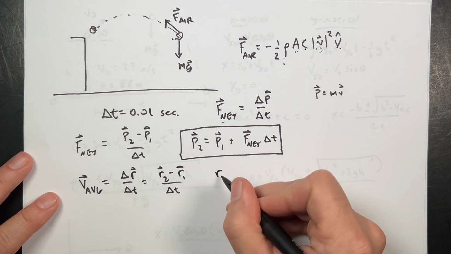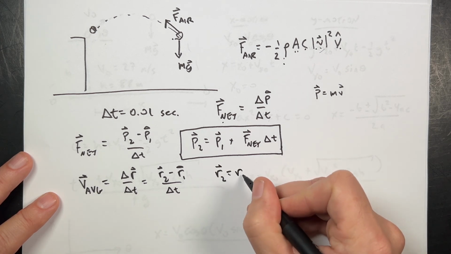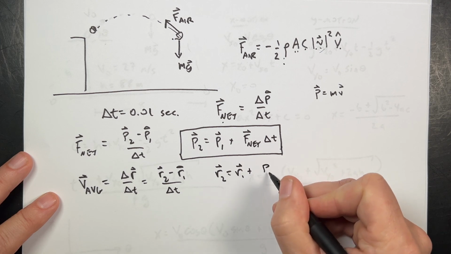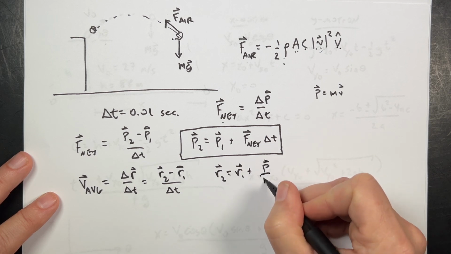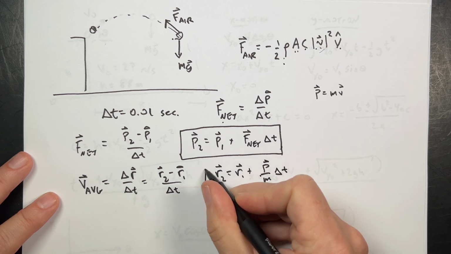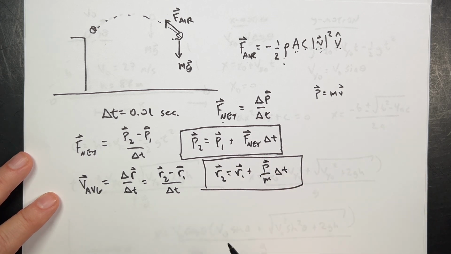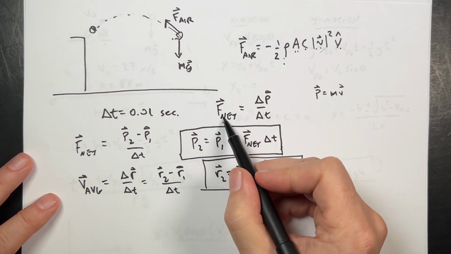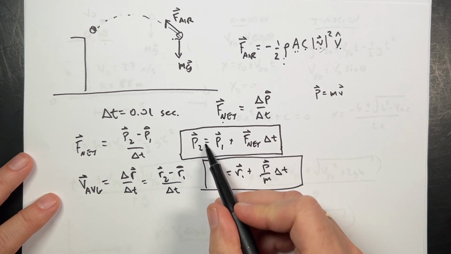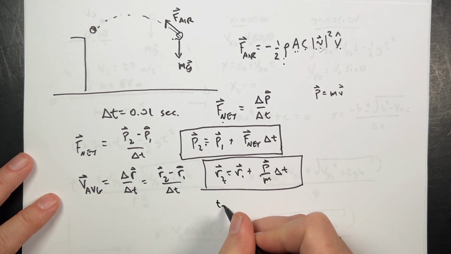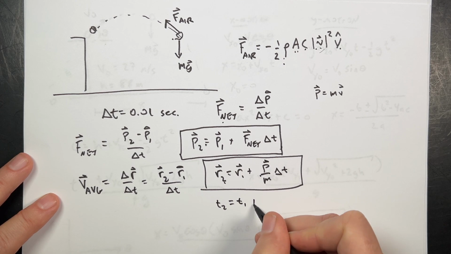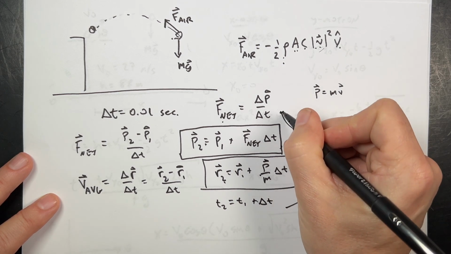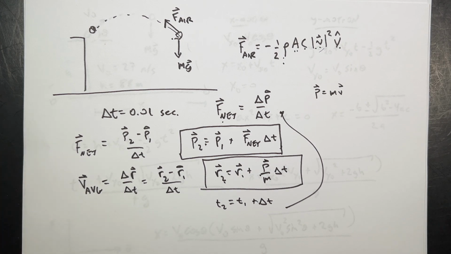So I get R2 equals R1 plus P over m delta t. And that's it. So I'm going to do the following. Calculate the net force. Update the momentum. Update the position. Update time. And then do it again. And that's one way to model the motion of a ball.